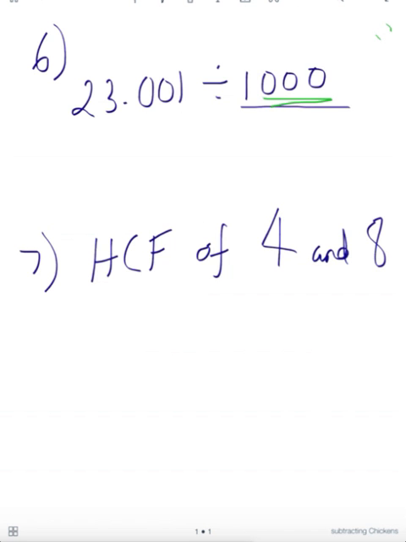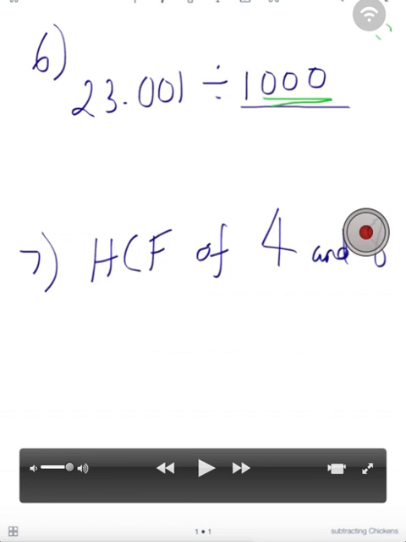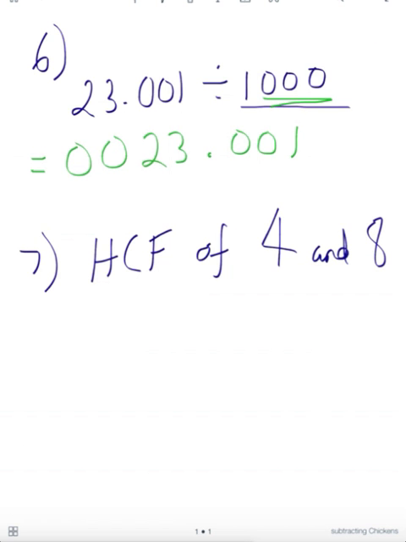Now I'm going to write some zeros before the 23. So I'll have this. Sorry, it's lagging a little bit. And the reason why I do that is it helps me fill in the spaces. You don't have to do this, but I figured that I can't make a mistake when I do it this way.